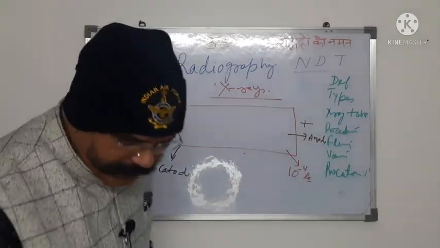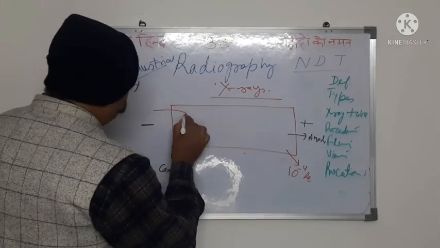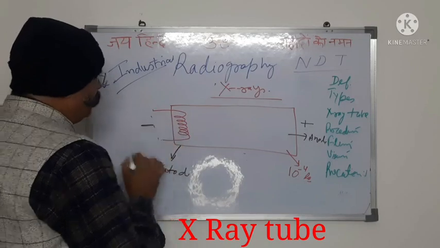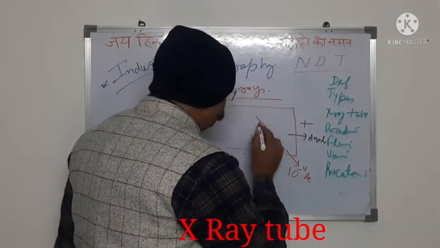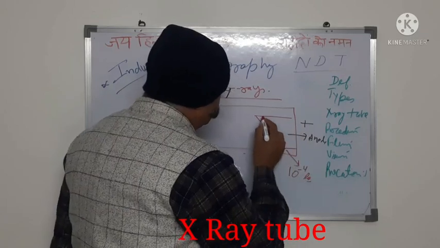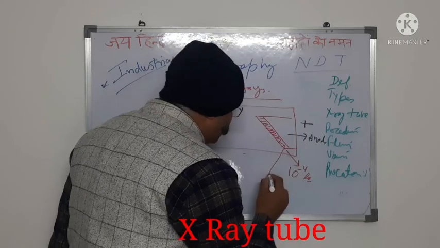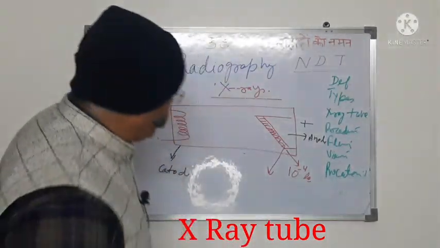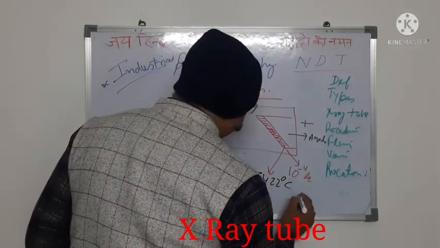At the cathode end, a heating element, mainly of tungsten, is fitted, and at the anode end there is a target which is also made of tungsten, as its melting point is very high, approximately 3422 degrees centigrade.